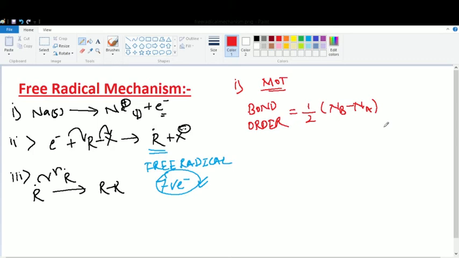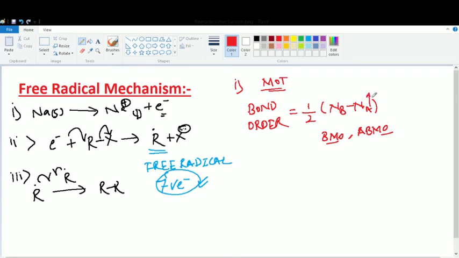Nb is the number of electrons in the bonding molecular orbital, BMO. Na is the number of electrons in the anti-bonding molecular orbital. That's how we take help of MOT, and the bond order formula is here.